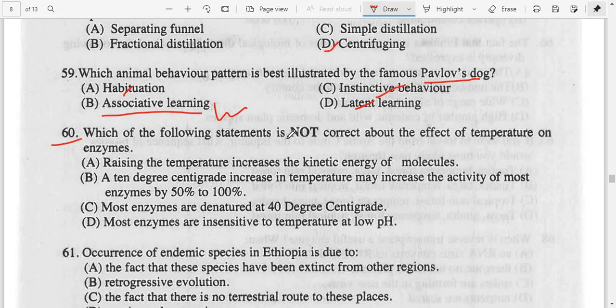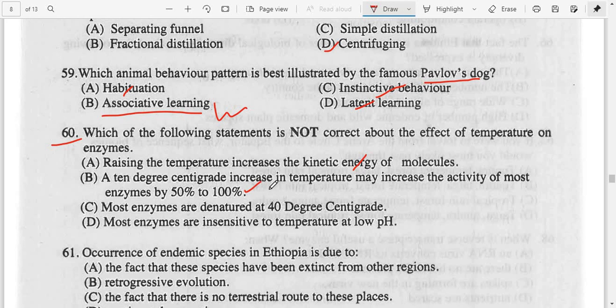Which of the following statements is not correct about the effect of temperature on enzymes? Raising temperature increases the kinetic energy of the molecules. Yeah, but it denatures. 10 degrees centigrade increase in temperature may increase the activity of most enzymes by 50 to 100%.